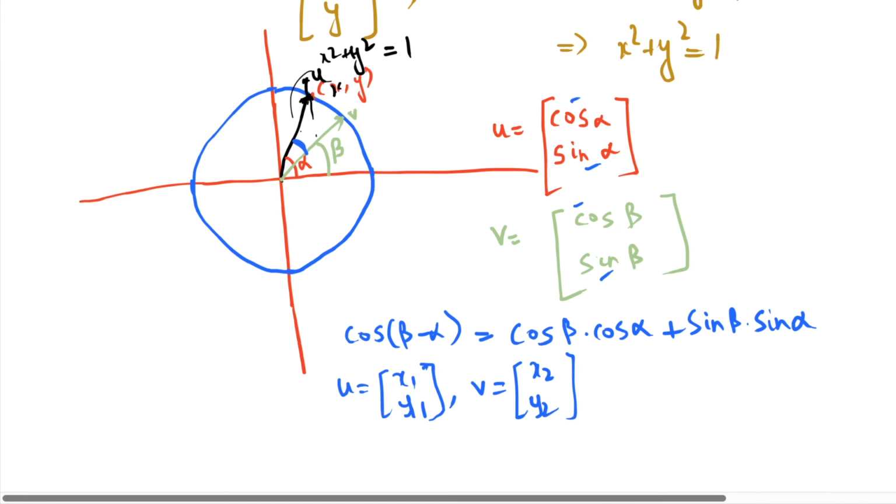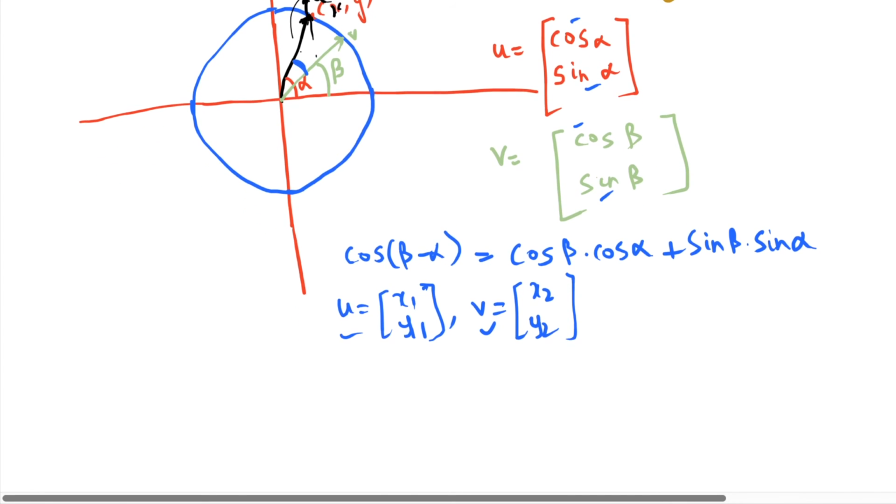And if these two vectors u and v are unit vectors and the angle between u and v is theta, then cosine of theta can be written as x1 into x2 plus y1 into y2. And this expression has a special name. So this expression is called the dot product.